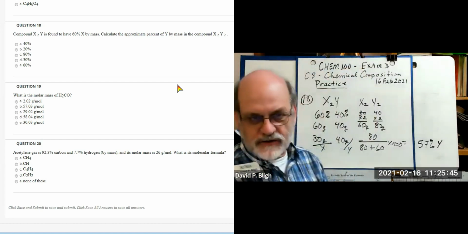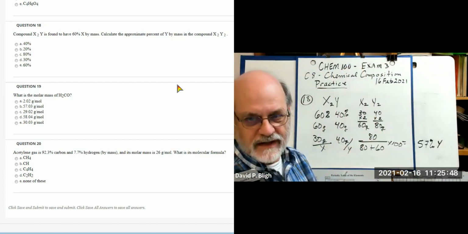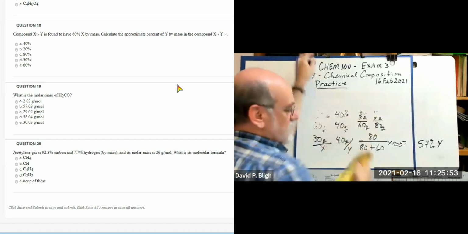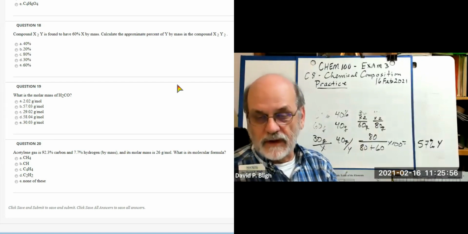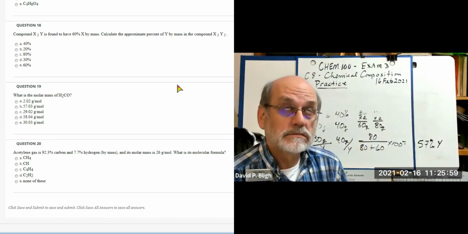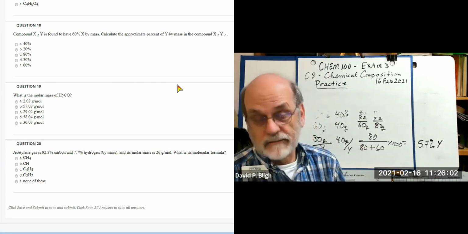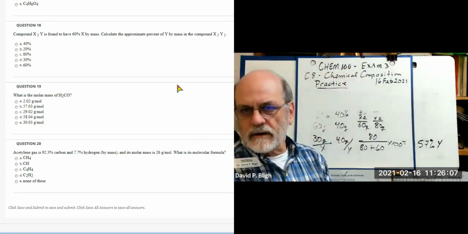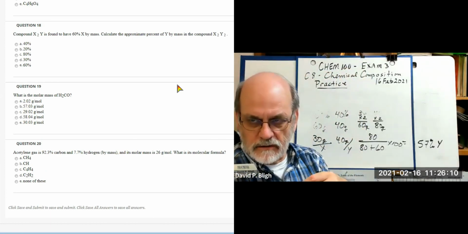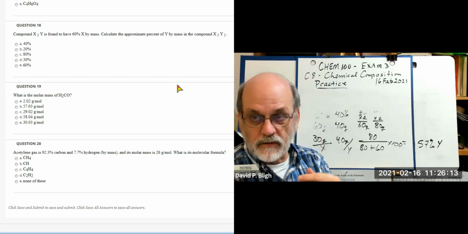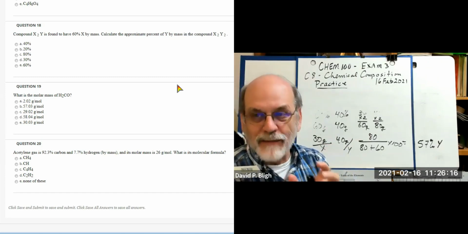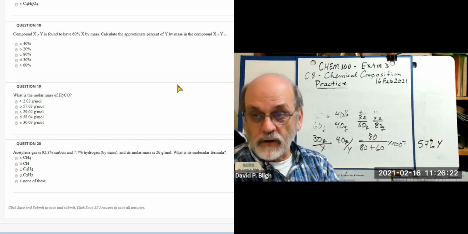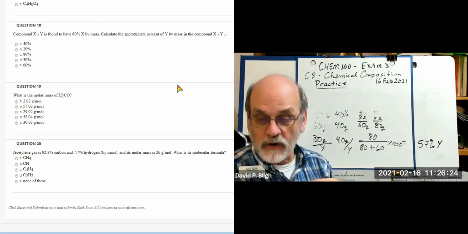I know that stretches your credulity, I guess you would say. But back at the end of the 19th century, before we understood that the ratio of atoms in a molecule establishes the ratios of mass, they only understood that there was a mass ratio, right?